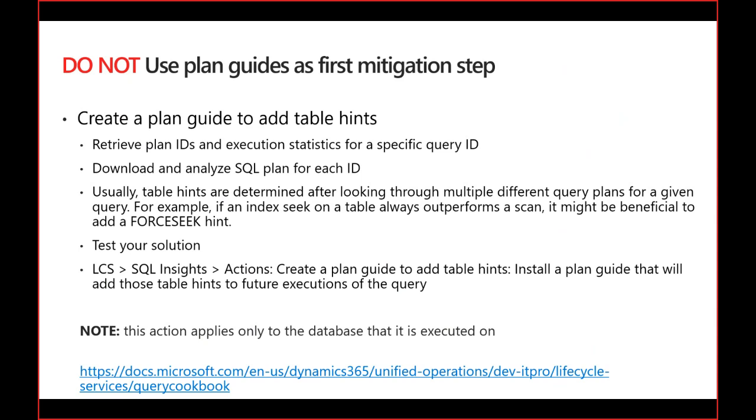So you could add a force seek hint, or table hint, to a query. Similar to forcing a specific plan with a plan ID, you can add a certain table hint and create a plan guide like this through LCS. Again, it's only for the specific database, done on production or wherever you create it. So you have to make sure all your environments are in sync with every action you do directly on the database backend.